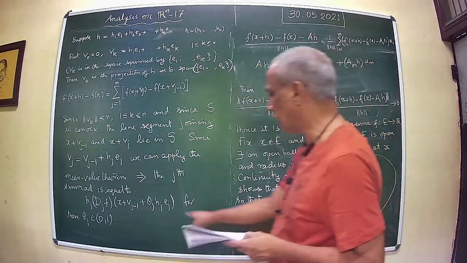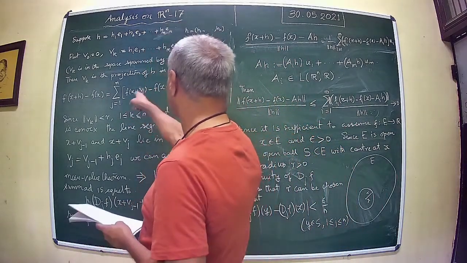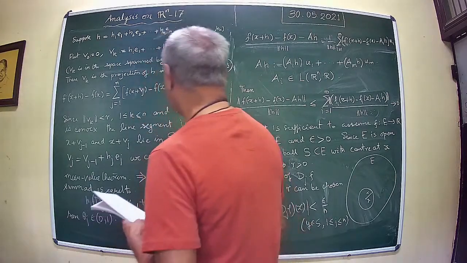This is some intermediate point lying between these two points, that's x plus v_j and x plus v_{j-1}.